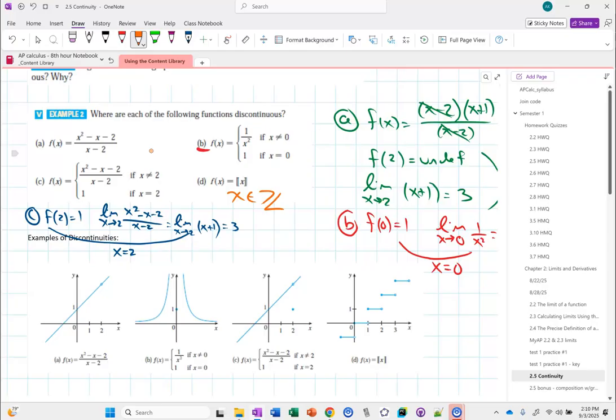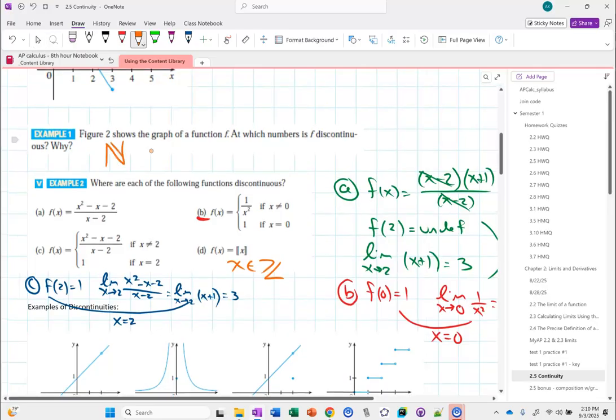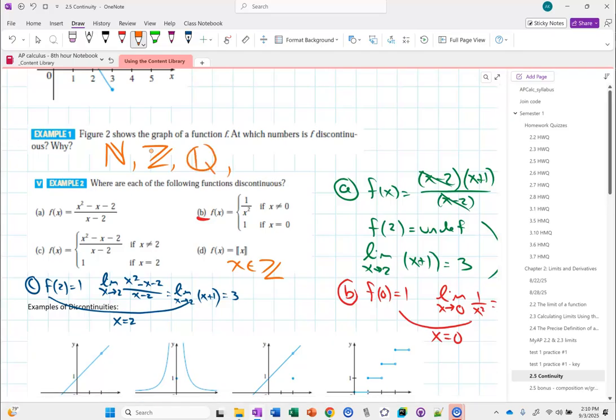You should probably be familiar with the symbols for our number sets. R is all real numbers. C is the complex numbers, like 3 plus 2i. Q is the rationals.